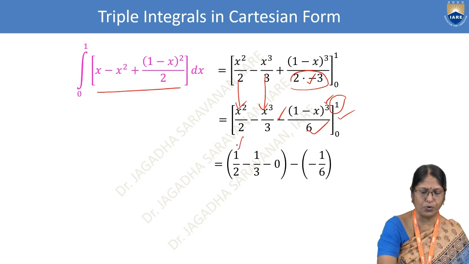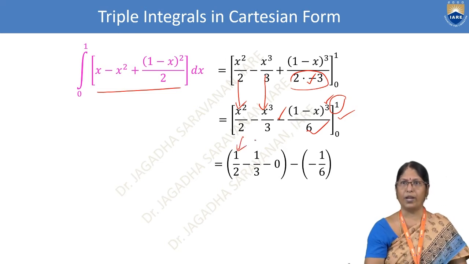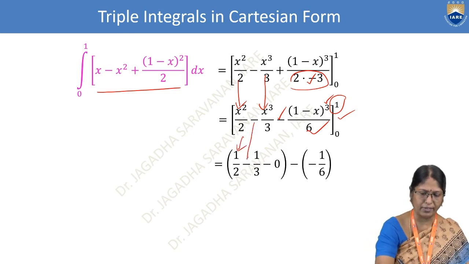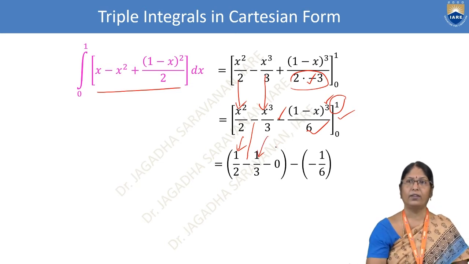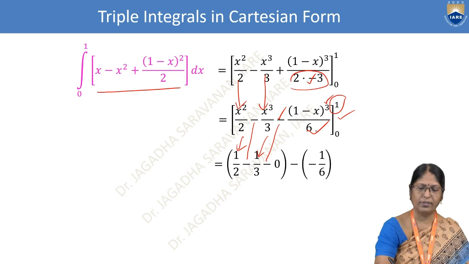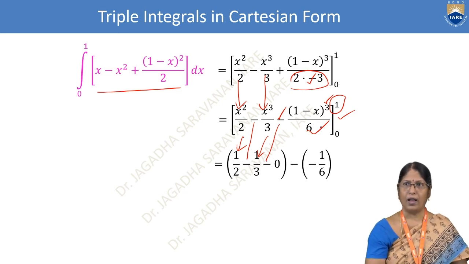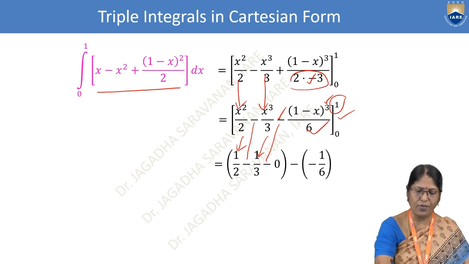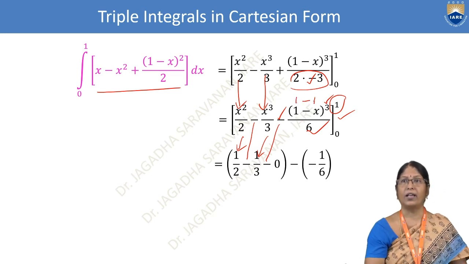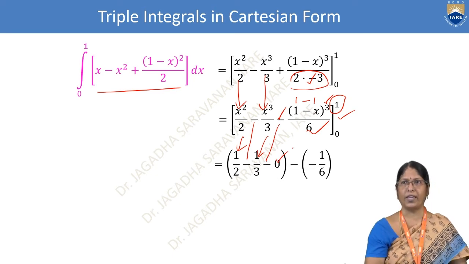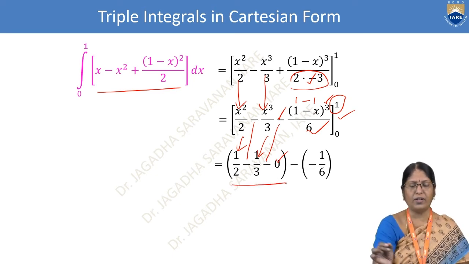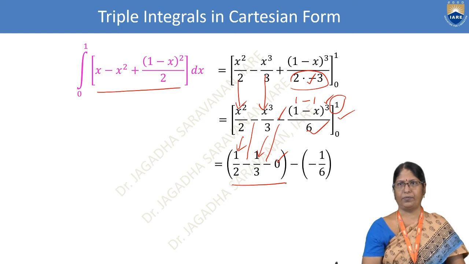So we got 1 by 2, this minus sign as it is, and here 1 by 3, here minus, and here 1 we are substituting. 1 minus 1 has become 0, that is the reason here 0 is kept. We completed the upper limit.